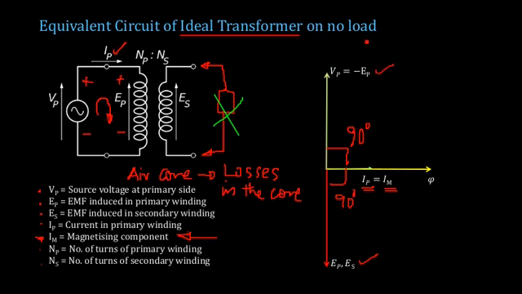The magnitude is the same. You have no losses, you have no drop in the system. The magnitudes are the same, only the instantaneous polarities are reversed. So you can say that Vp is equal to minus Ep.